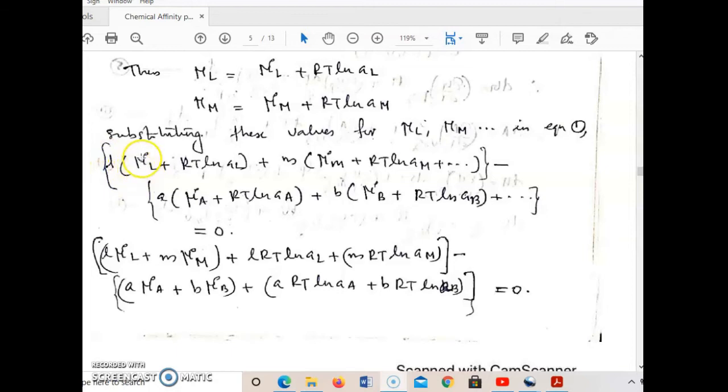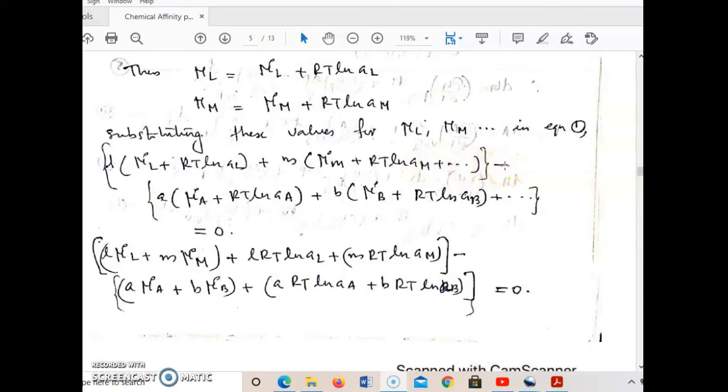Then instead of mu L, we can substitute mu 0 L plus RT ln a_L. In equation 1, we are substituting for mu L by these two terms, and l is taken out, so we have mu 0 L plus RT ln a_L, plus m times, substituting for mu M, mu 0 M plus RT ln a_M, plus etc.